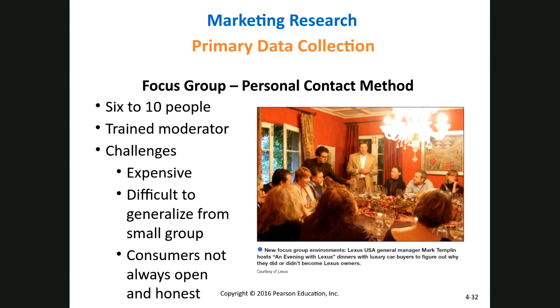All right, so primary data collection, a focus group. We talked before about the difference between qualitative and quantitative. To make it simple, we'll say quantitative data involves numbers. Qualitative data generally doesn't involve numbers. It involves, you know, perceptions and feelings and things that people may have.